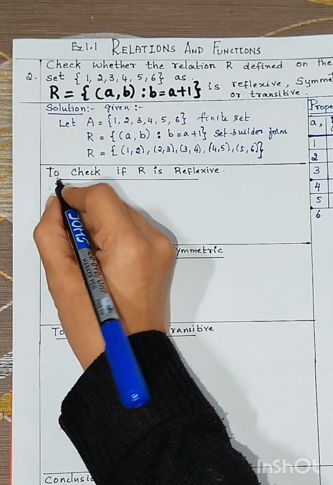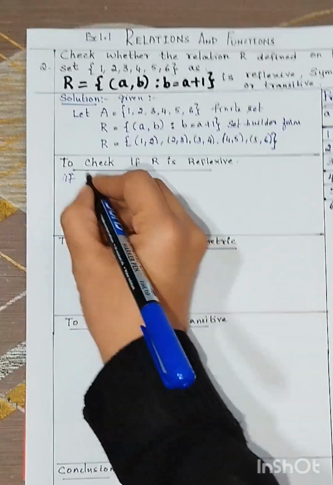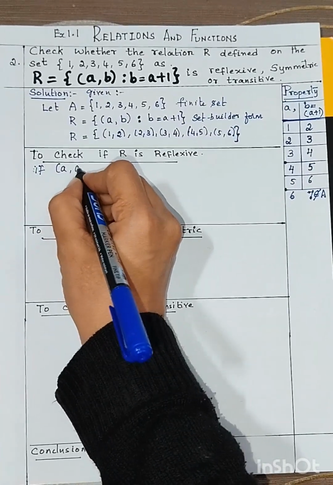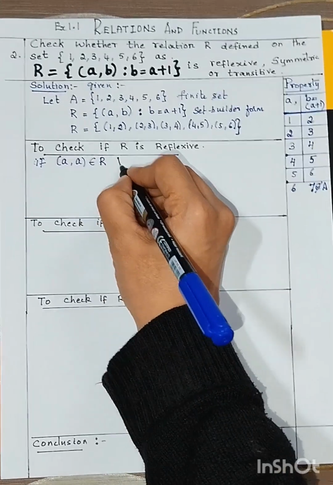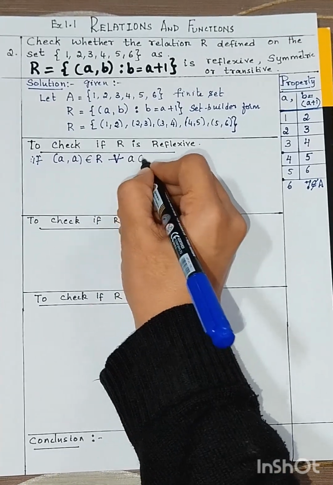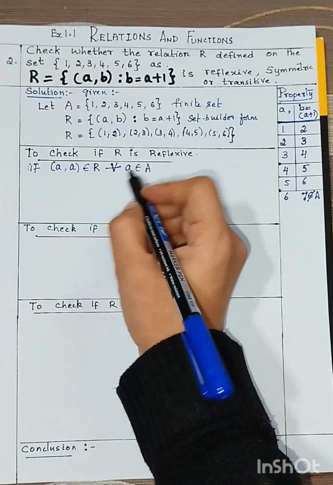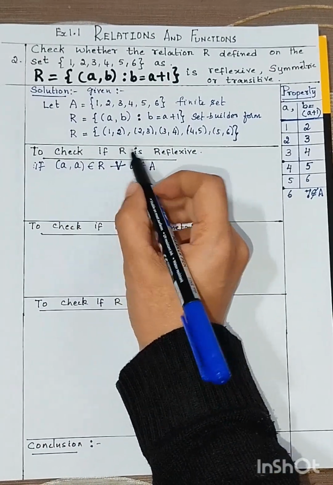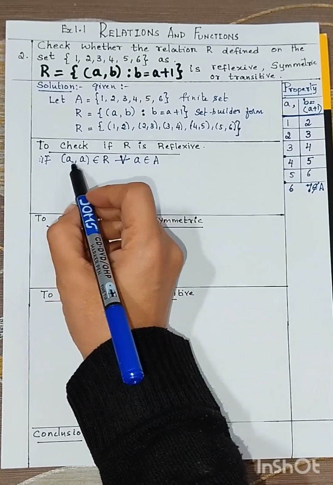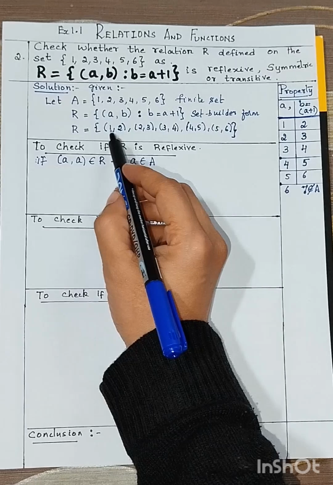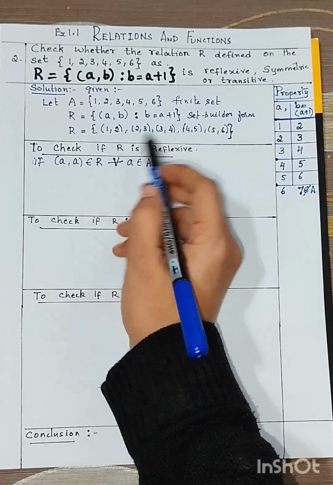For a relation to be reflexive, (a, a) belongs to the relation for all a belongs to A. So this ordered pair must be in the relation, and the element whatever we take has to be from the set A. But if you observe here, is there any element which is repeated? There is no (1, 1), (2, 2), (3, 3), (4, 4), (5, 5), (6, 6), right?